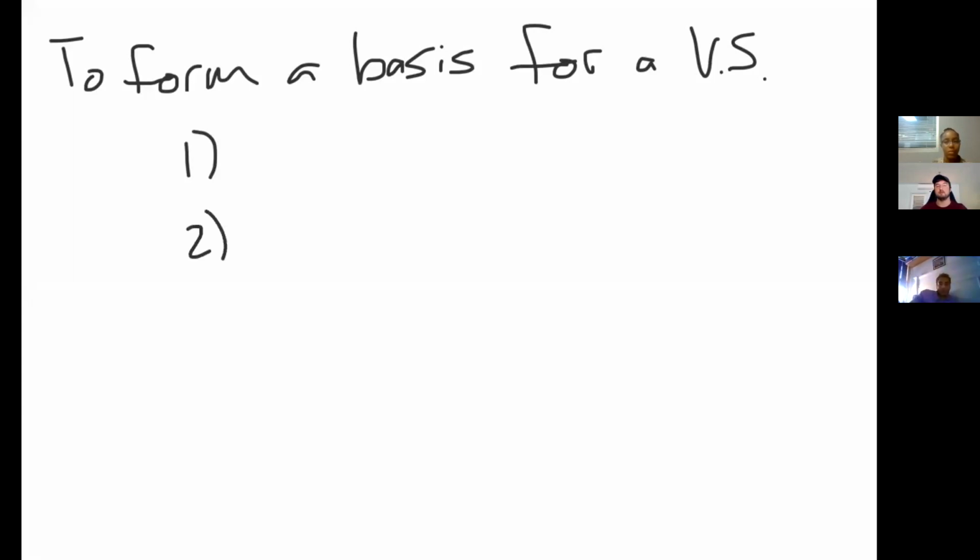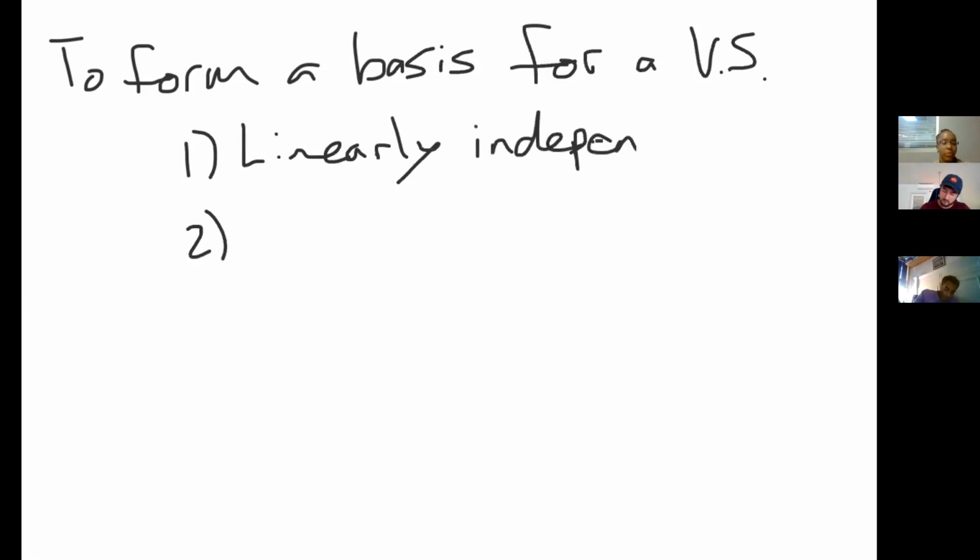What is one of those 2 things? They have to be independent? Yeah, they have to be linearly independent. Absolutely. That's the first thing, and then what is the second thing? They have to be in the span.